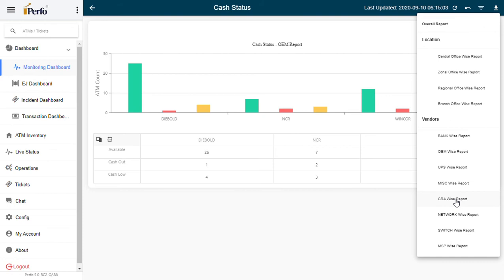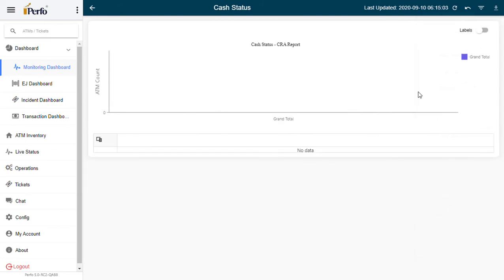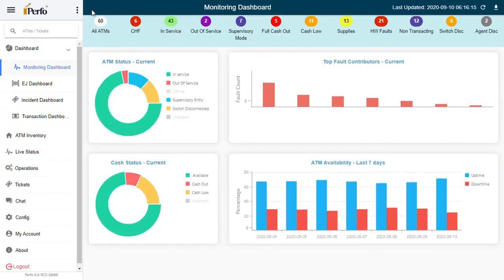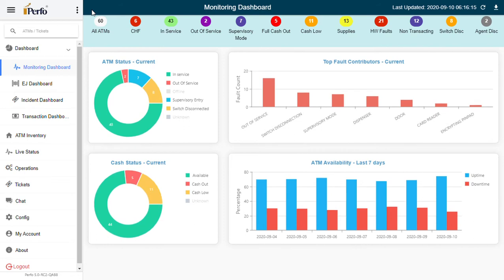If you click on this, you will see a list of cash loading providers over which the graphs will be displayed. Right now I don't have cash loading providers added in the system. Otherwise, you would see the graph depicting clearly which cash loading provider has the most cash low and cash empty conditions, so maybe their service levels are not as good as the others.